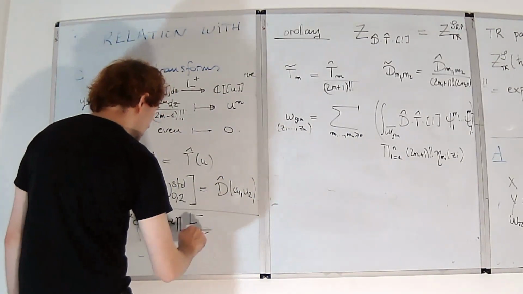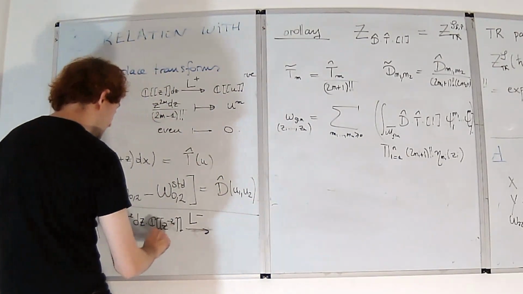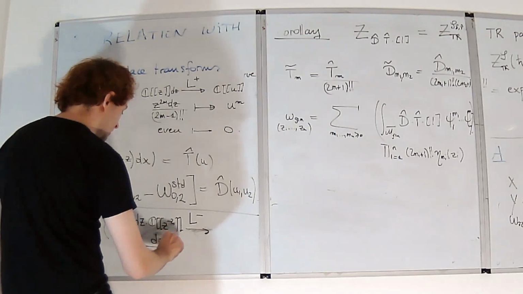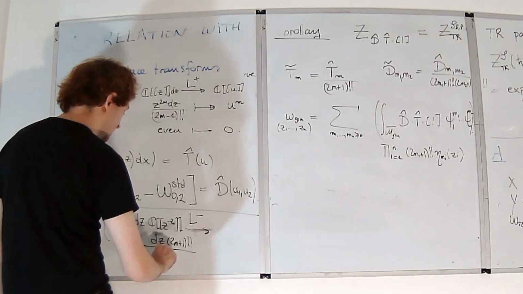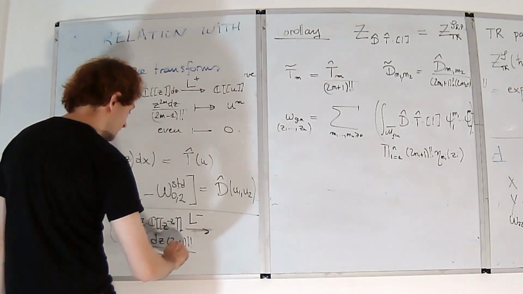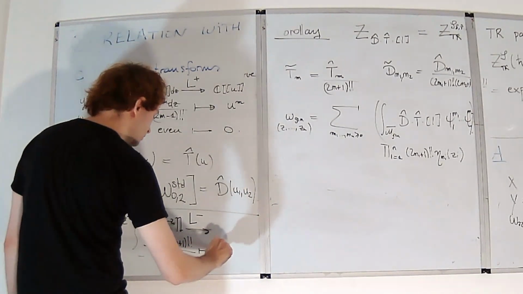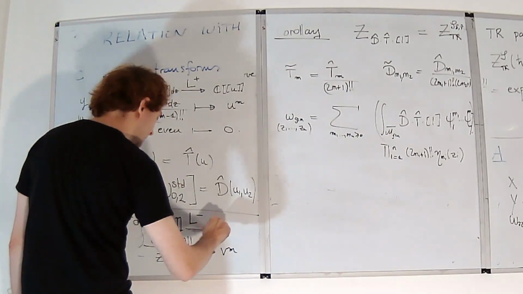And L minus is going to send dz over (2m plus 1) double factorial z^(2m plus 2) to what I will call v^m.